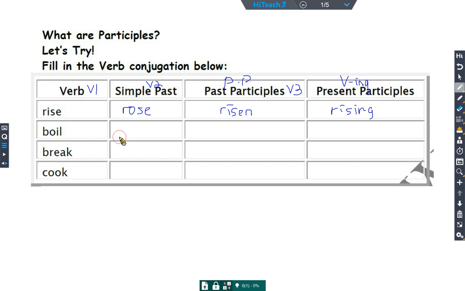So boil becomes boiled. So verb 3 is the same, boiled, and boiling. Break becomes broke, broken, and breaking.